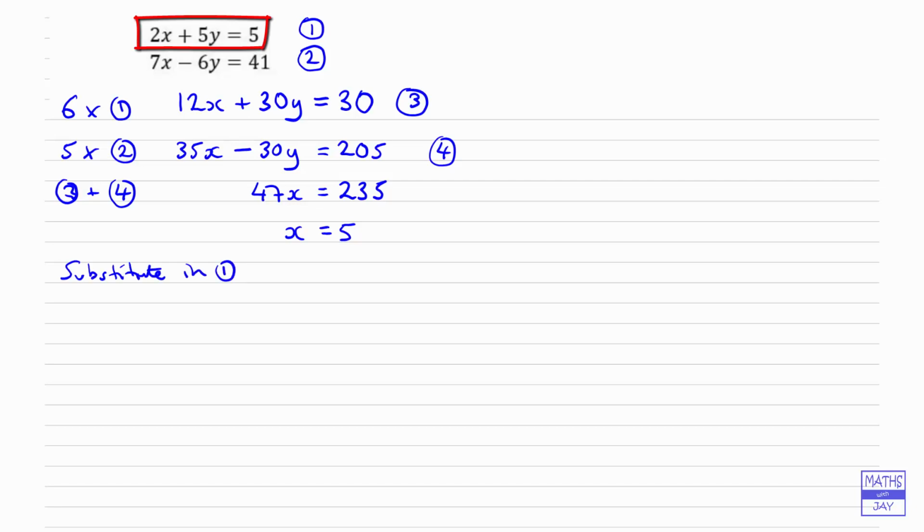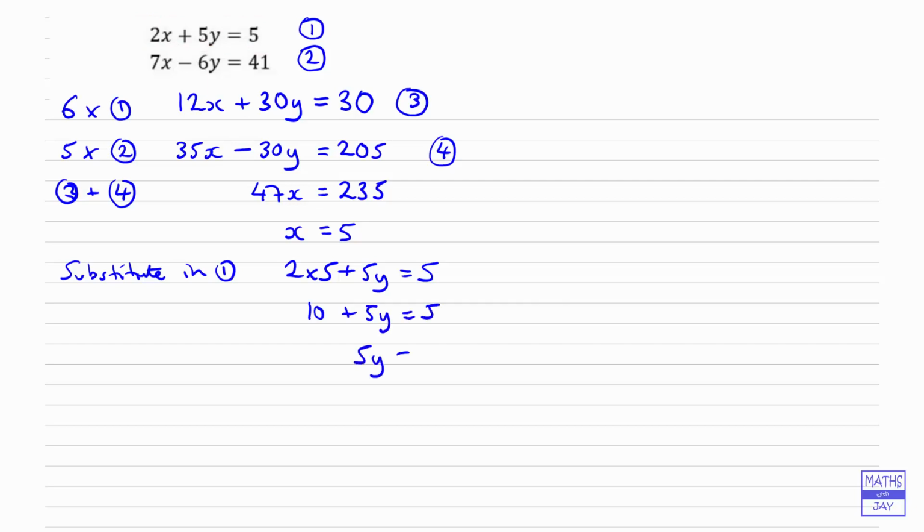So that means we've got 2 times 5 plus 5y is equal to 5. So we've got 10 plus 5y is 5. So 5y is minus 5, because 5 minus 10 is minus 5, so y is minus 1.